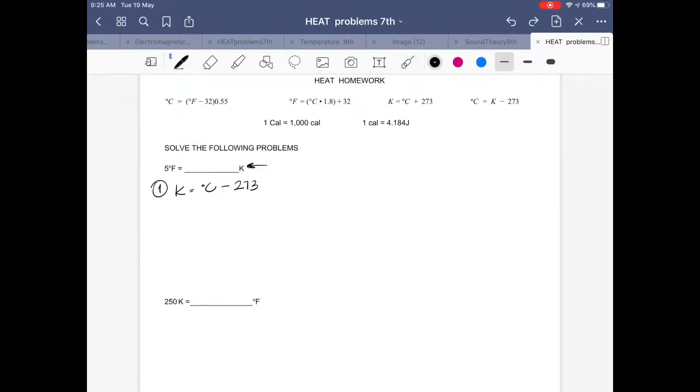We don't have degrees Celsius, but you have Fahrenheit, so you put Celsius equals Fahrenheit minus 32 times 0.55.